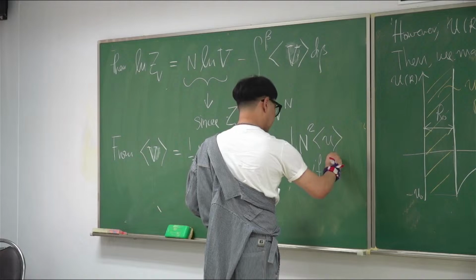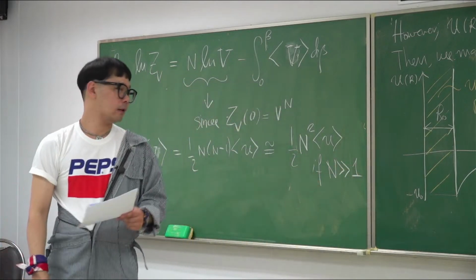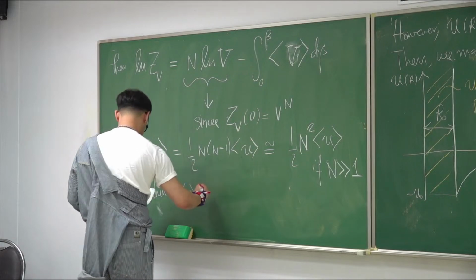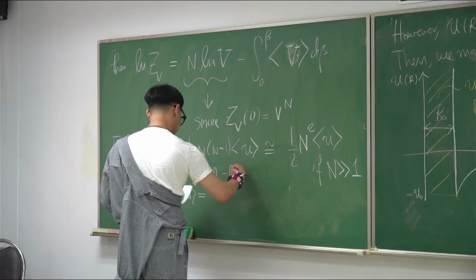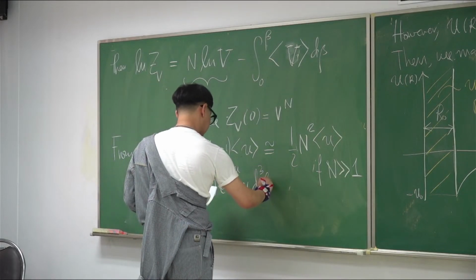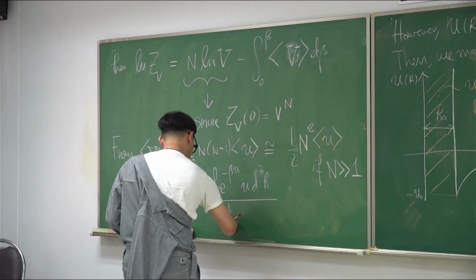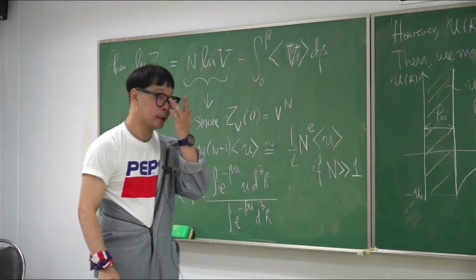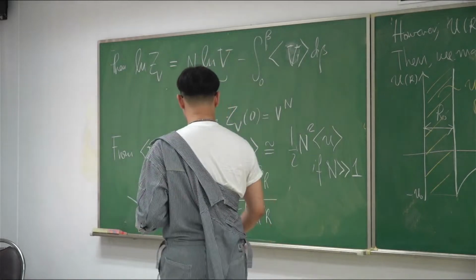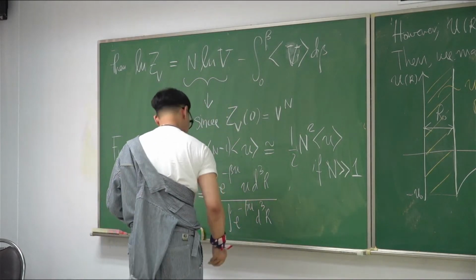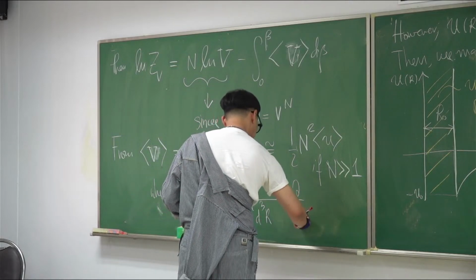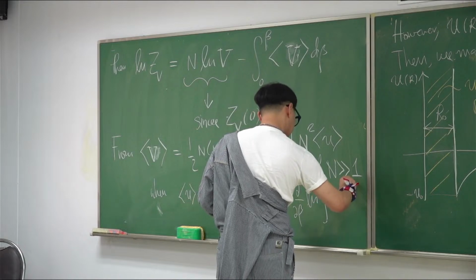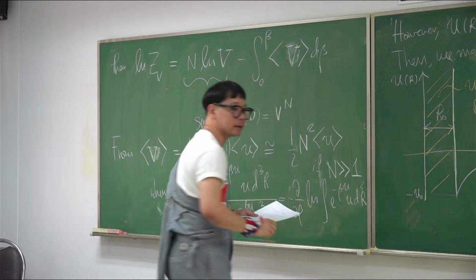If n is very large. This little u here, again, you could put in terms of the partial derivative with respect to the beta.